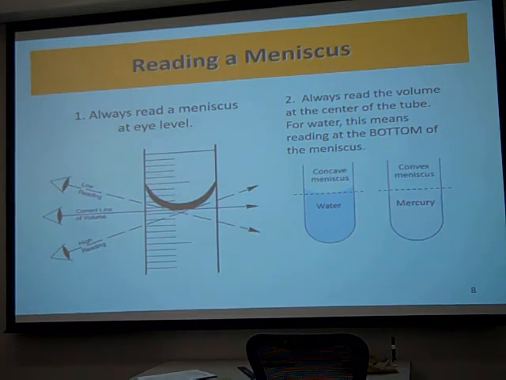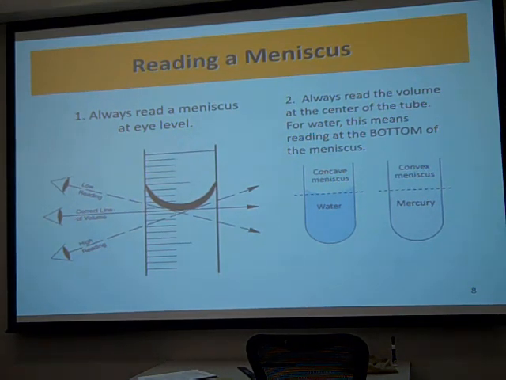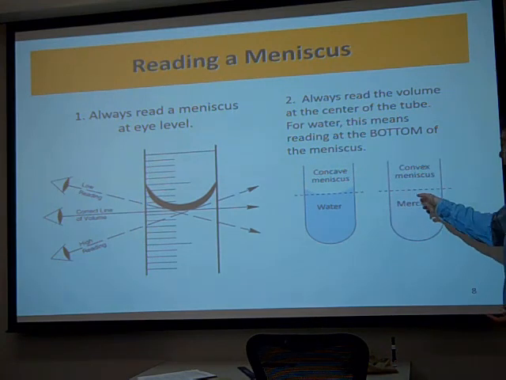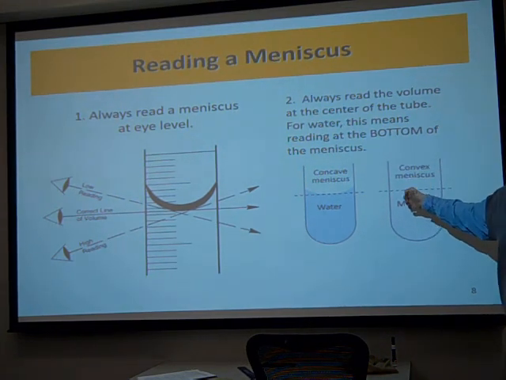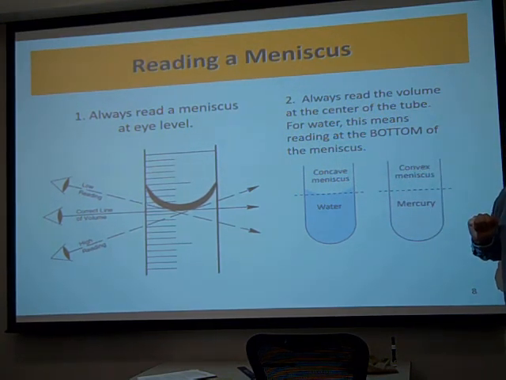Does that make sense? For the convex, you measure from the top. For the concave, you measure from the bottom, exactly. If it's easier for you to remember it like this, you could also just say, I need to measure it from the middle. Wherever the middle is, that's where I measure it from. Does that make sense?